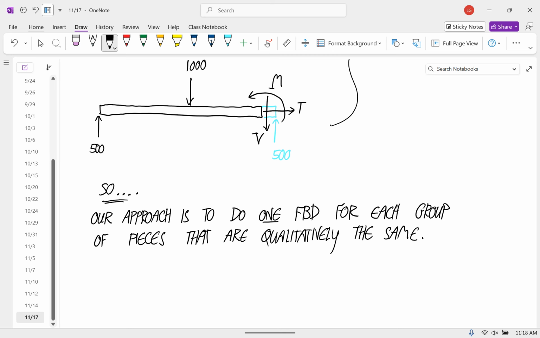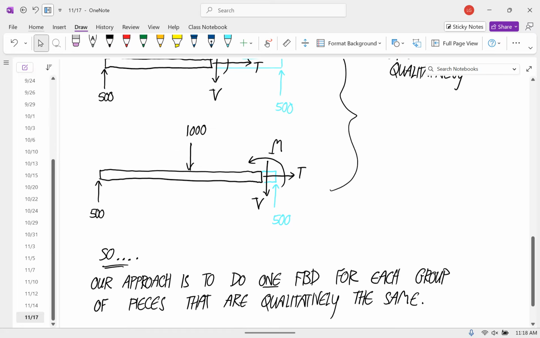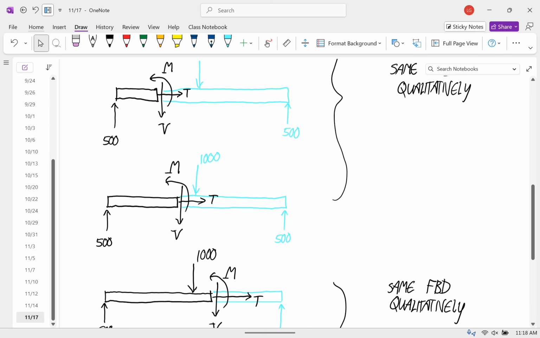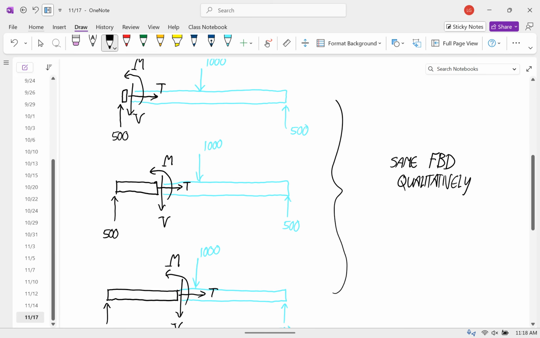And distances from these things matter. So what we're going to do is say these three free body diagrams are the same. It's just that the length is x, and x can stand for anything between 0 and where that 1,000 Newton force acts at the 0.5. Okay. And then that's going to represent the internal loads all the way from the left end to the middle.